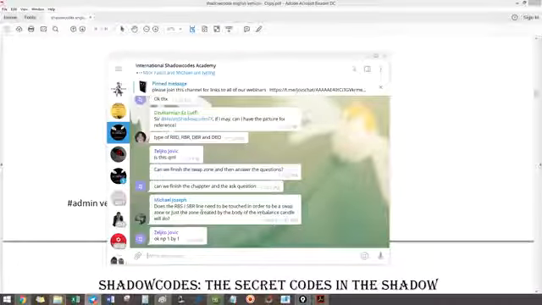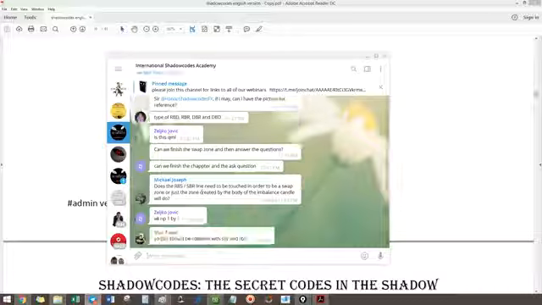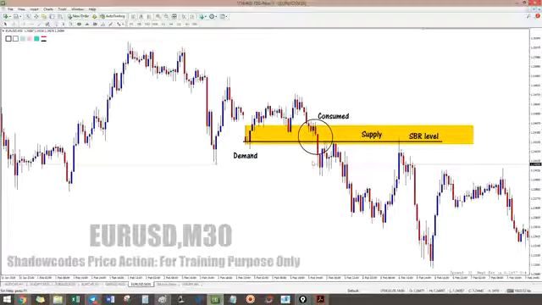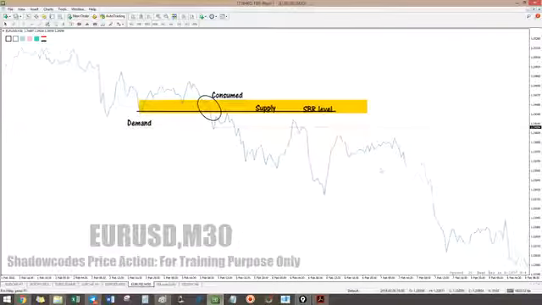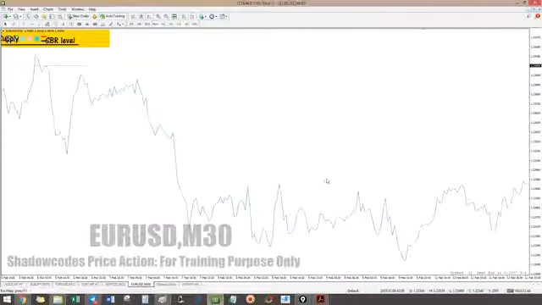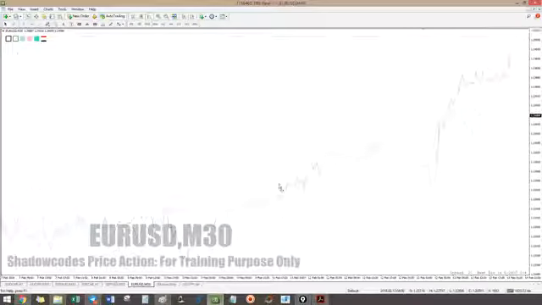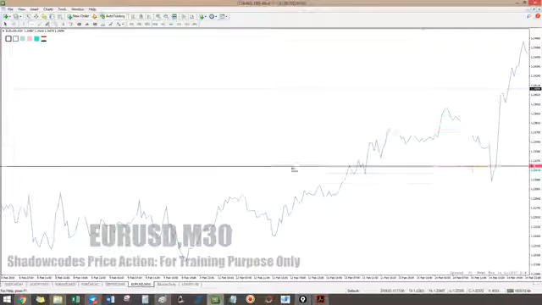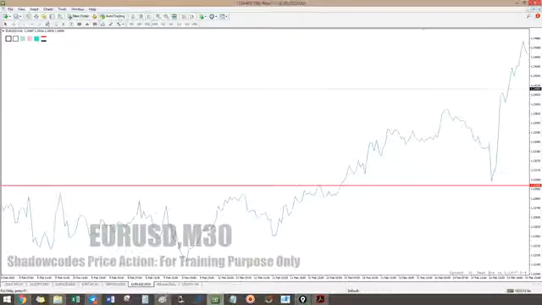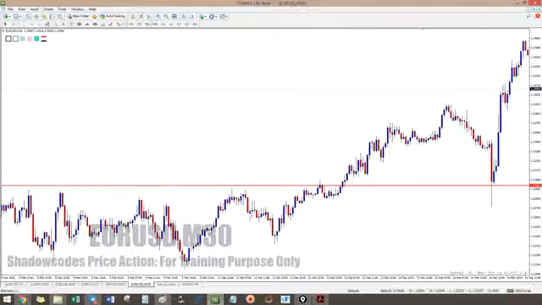Does the RBS SBR line need to be touched in order to be a swap zone, or just the zone created by the body? Okay, this one is a good question. So let's go to untested RBS. Look, if this is tested, not a good one. It's broken.